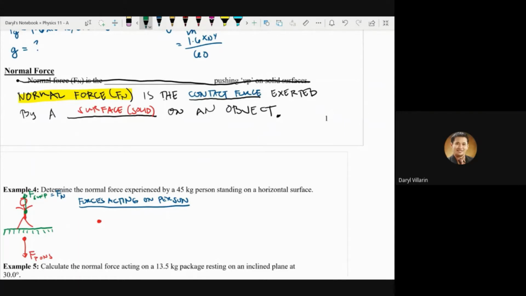Well, we know that a person on earth will always be acted upon by gravity. Call that Fg, which is equivalent to mg, mass times the acceleration due to gravity on earth. And the surface also exerts a force on the person, and we just call that the normal force. So the normal force is upward.